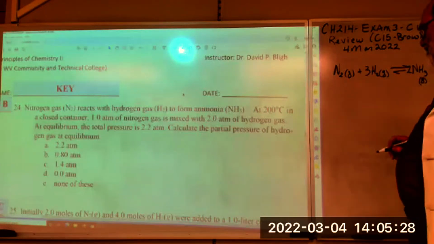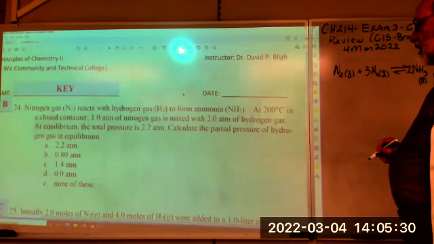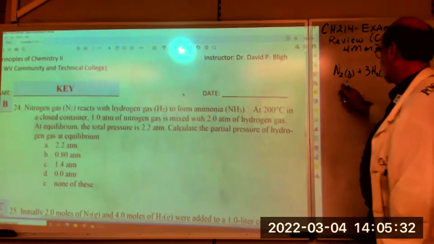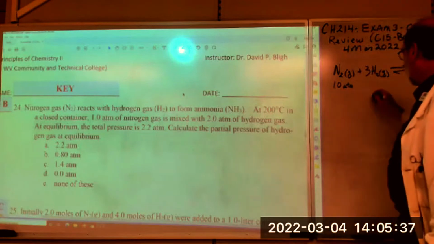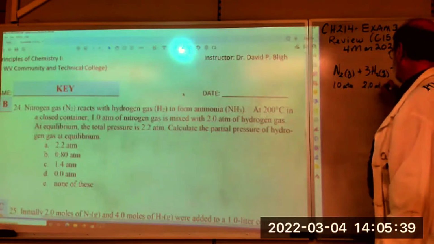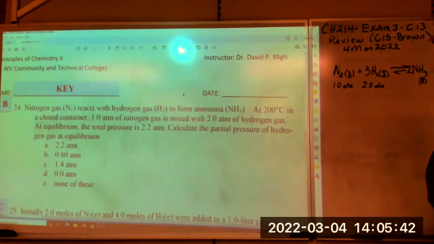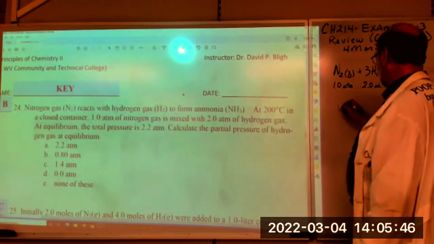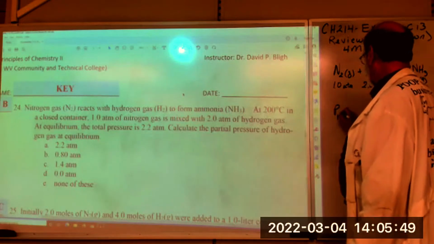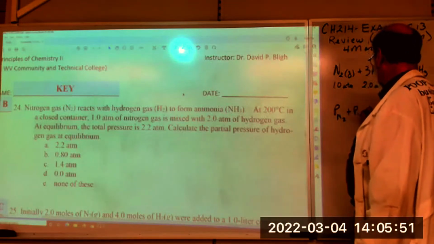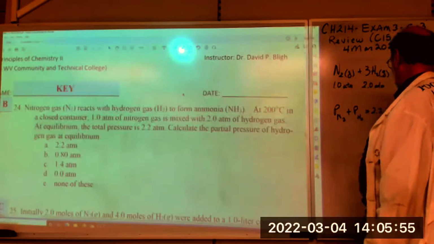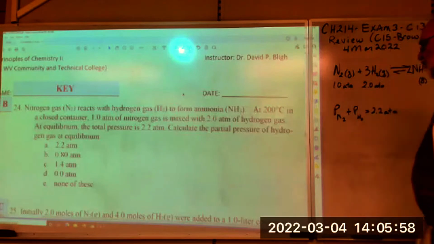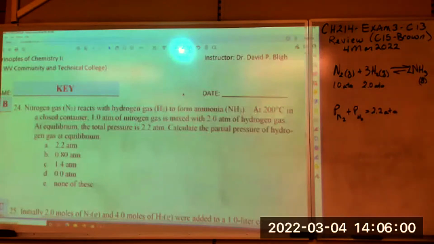Now we put 1 atmosphere of nitrogen gas and 2 atmospheres of hydrogen gas. At equilibrium, the total pressure is 2.2. So at equilibrium, the pressure of these together is equal to 2.2 atmospheres. What's the partial pressure of hydrogen at equilibrium?